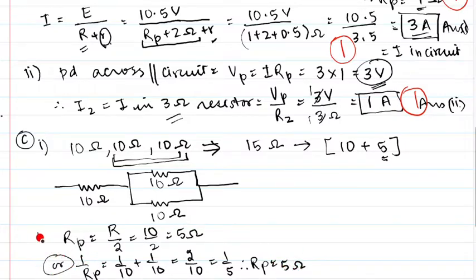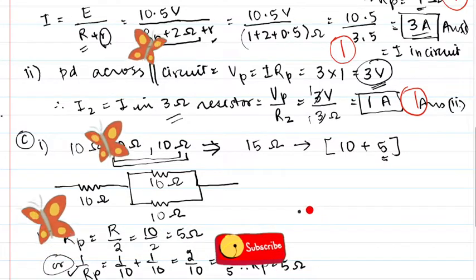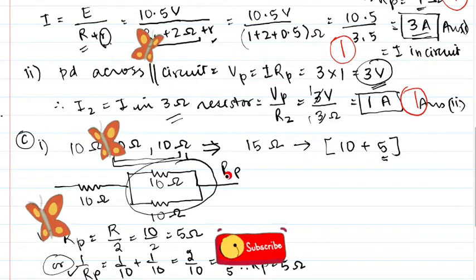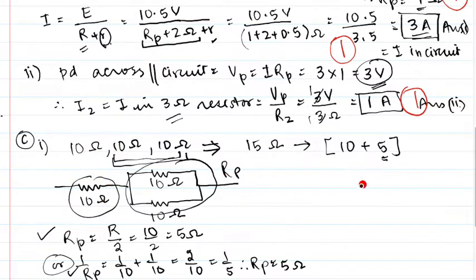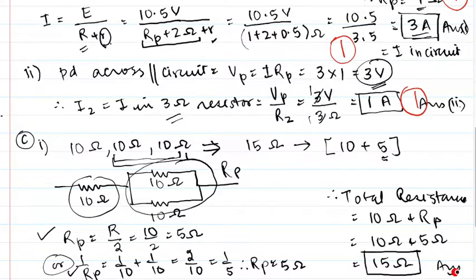So either do it this way or this way, not a problem, but Rp is 5. And then you will see that this is your Rp, which is connected in series with this 10 ohm. So you will say therefore total resistance is equal to 10 ohm plus Rp, which is 10 ohm plus 5 ohm. That will give us 15 ohm, and that is how we show it in our calculations.